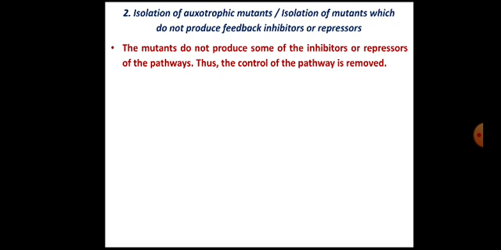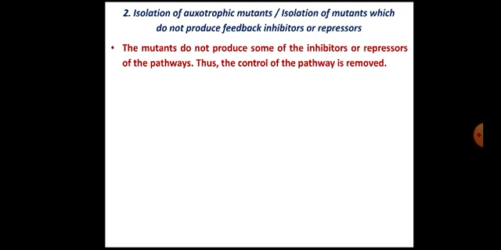Feedback control mechanisms are responsible for prevention of overproduction of microbial metabolites. That means these are the barriers for overproduction. So, therefore, microbes are not able to produce these metabolites in excess. This is the way of modifying the organism such that it should overproduce the microbial metabolite.